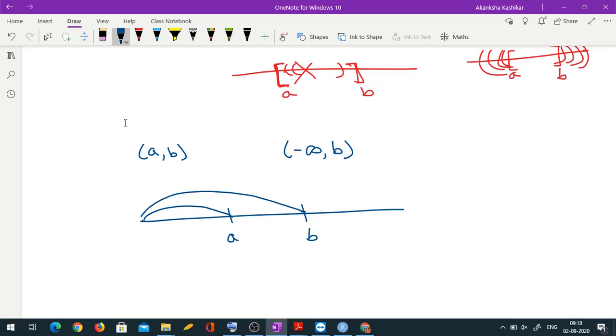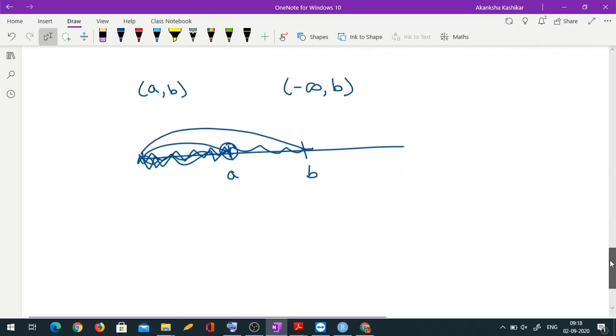So, minus infinity to B is going to be this portion. Minus infinity to A is going to be this portion. So, it's kind of removing minus infinity to A from minus infinity to B. Kind of like that. But of course, I don't want A to be removed. Something like this. Okay.